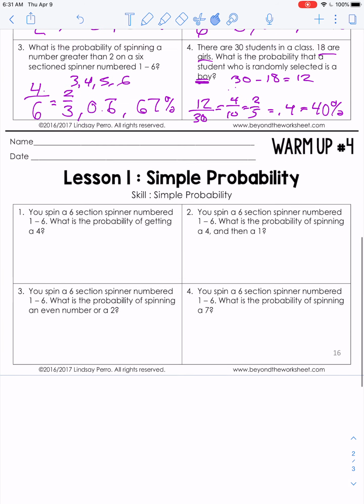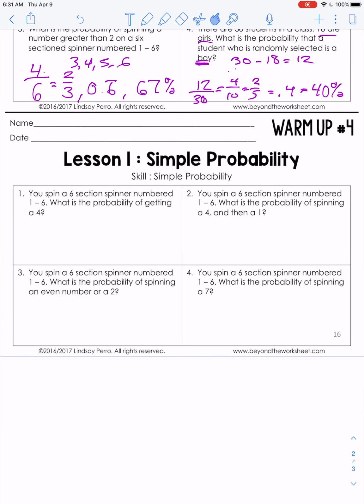Okay, now I'm going to have you work through these 4 on your own, and then I will go over them. So you spin a 6-section spinner numbered 1 through 6. What is the probability of getting a 4? So your total number of outcomes is 6. And there is 1 four on your spinner, so you have 1/6 as your probability.